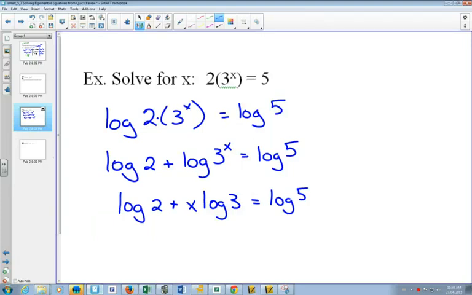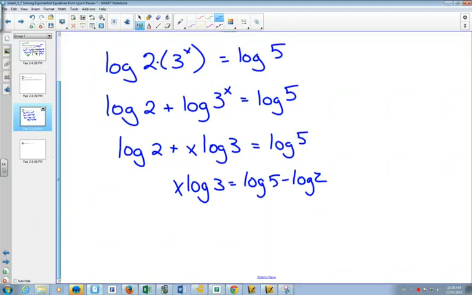Again, if we think log 2, log 3, and log 5 are just numbers, all we need to do is get the x by itself. I'll start by subtracting log 2 on both sides, and then I'll divide both sides by log 3.